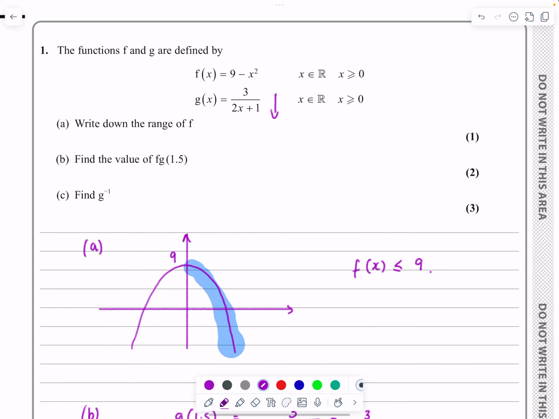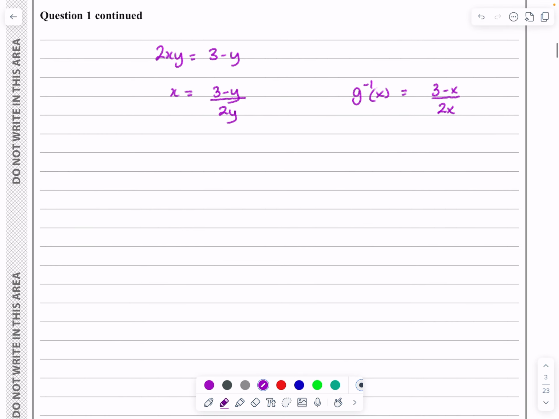Now, I've spent previous videos going through a lot of detail of the range of these things. So range of 3 over 2x plus 1. Well, we can see really quickly, because obviously I've done this before, but just take a little bit more time over this if it's worth more marks.